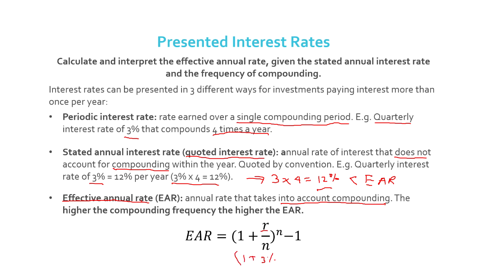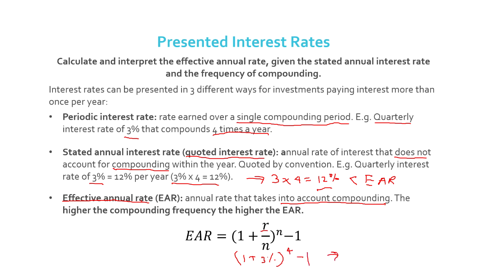We add that to 1. And then we raise that to the nth power. In this case we have 4 periods because it's quarterly, so that will be raised to the power of 4. And then we subtract 1.